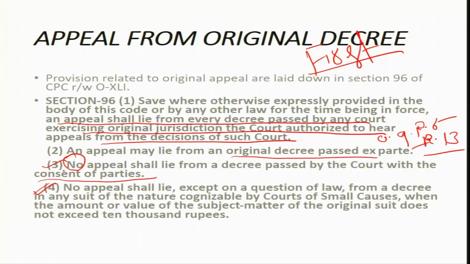The fourth one is very important. These are very simple things, first, second and third, and I am telling you simultaneously with this first appeal, Section 96, how this is statutory. Section 96 is a part of the statute, specifically CPC; if this thing is there only then appeal is there, otherwise appeal is not there.